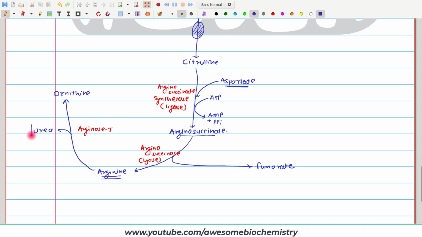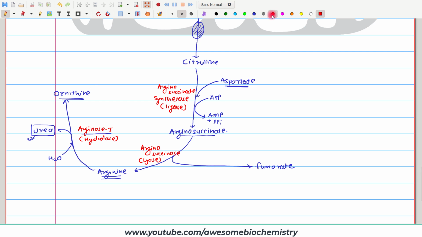So, here urea is released. This arginase 1 is of the hydrolase class of enzyme. That means it adds a water molecule to arginine and breaks it down to urea and ornithine. So, to complete this reaction, we have to add a water molecule. So, now urea is generated, but what will happen to this ornithine?